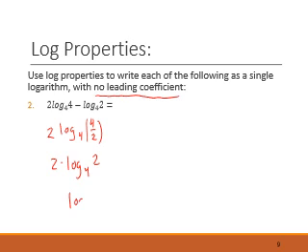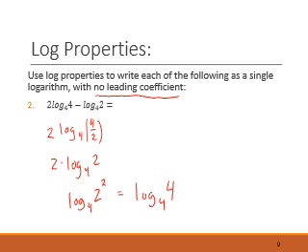So there is one more log property that we could use, and that leading coefficient becomes an exponent. So you can see that this is log base 4 of 4. At least that's what we think, but I already told you we've done this problem the wrong way.